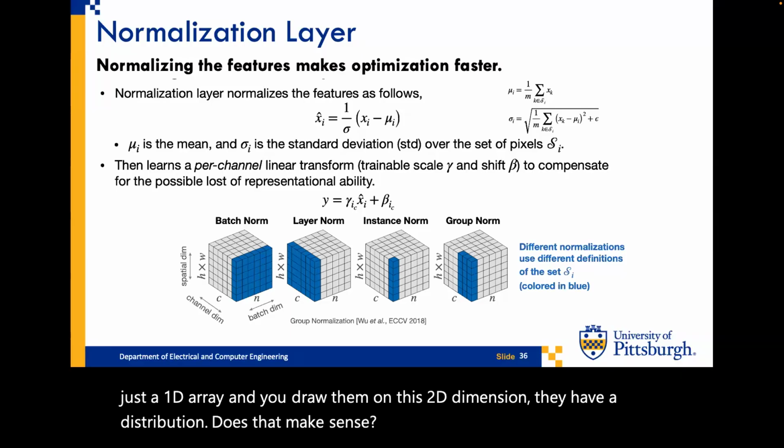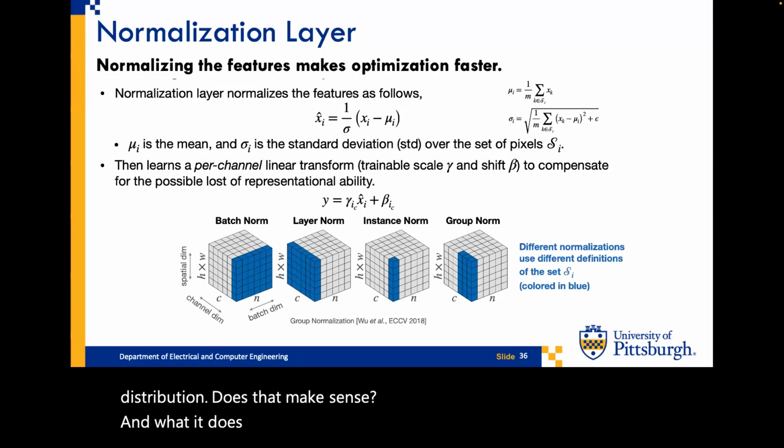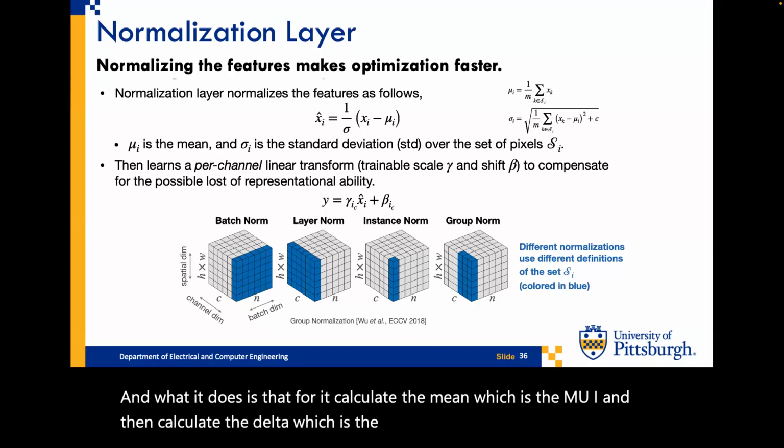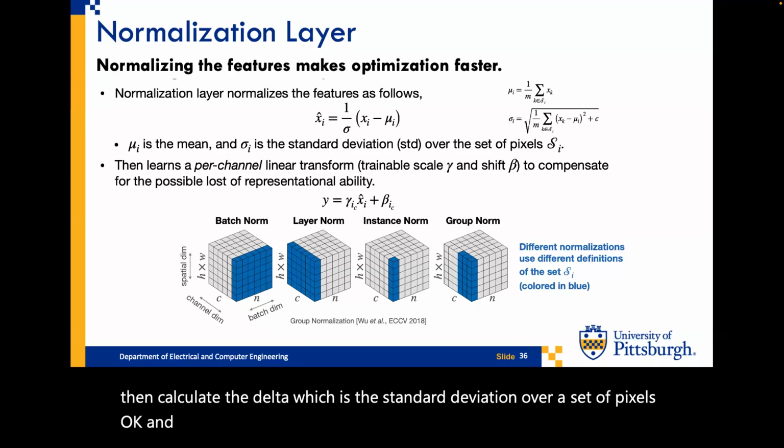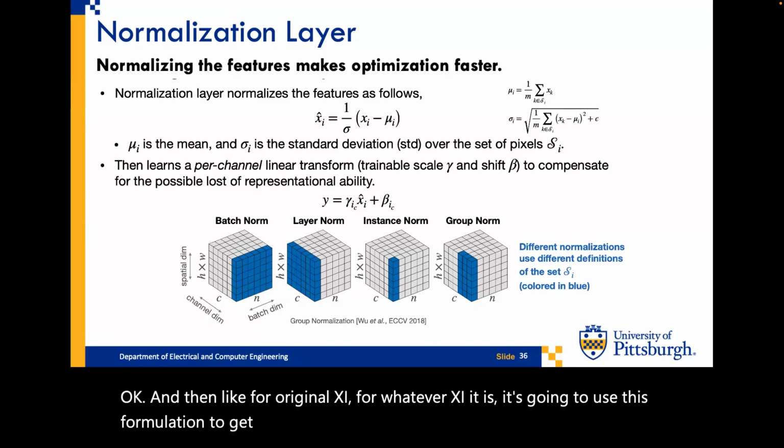What it does is it calculates the mean, which is mu i, and it calculates the standard deviation, sigma, over a set of pixels. Then for the original xi, whatever xi it is, it's going to use this formulation to get the xi hat.